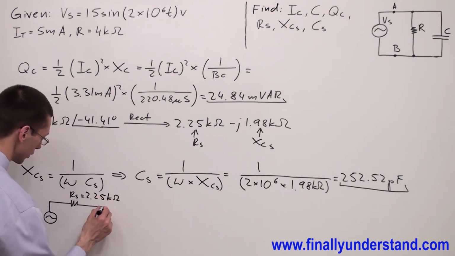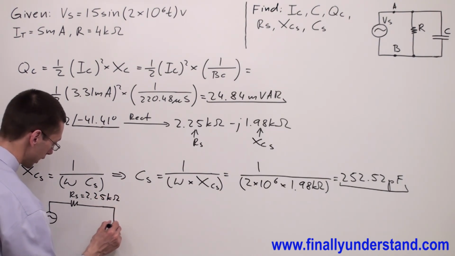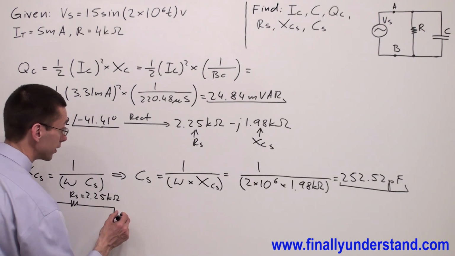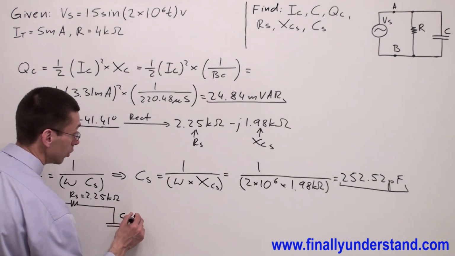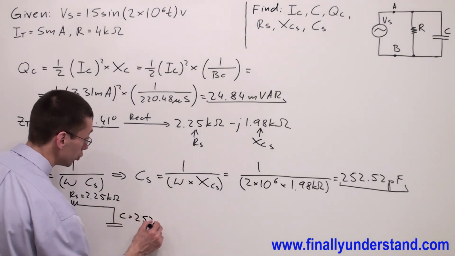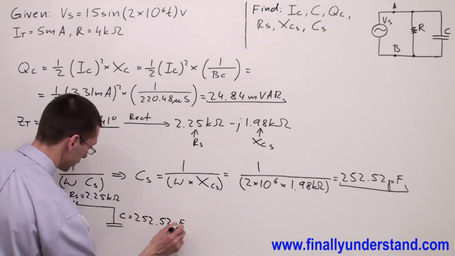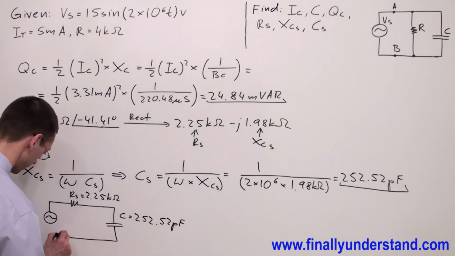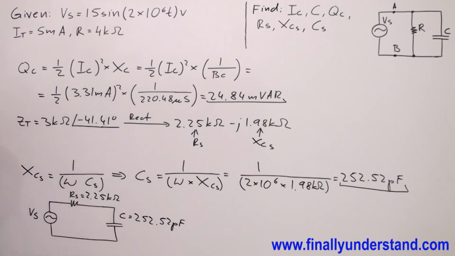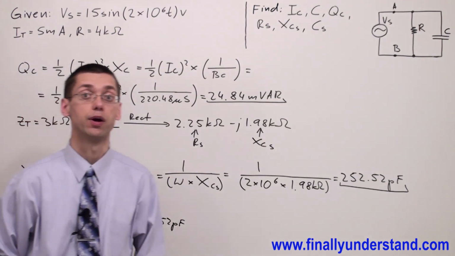This is the resistance of the resistor. And I have a capacitor, which has capacitance 252.52 picofarads. Close the circuit. So we can say that the problem is solved.